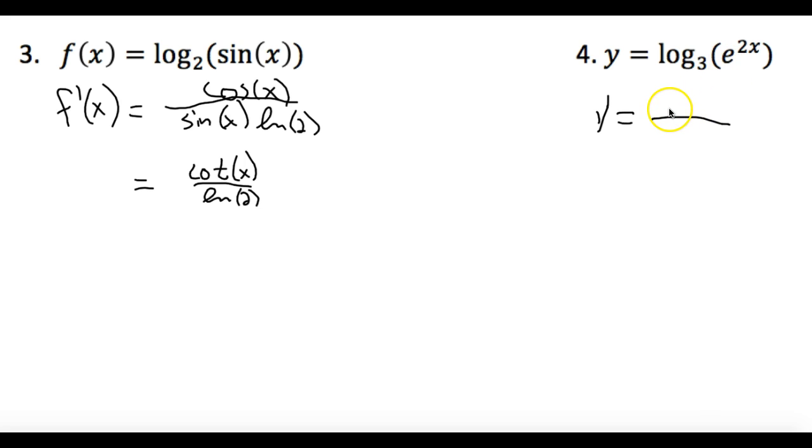Remember from yesterday, the derivative there is just bring the exponential straight down times the derivative of the exponent times the natural log of the base, but the natural log of e is just 1, so we don't have to write that, over the inside, so e to the 2x, times the natural log of the base. So here I can simplify this some as well. I can cancel out these e to the 2x's and just make this 2 over the natural log of 3.